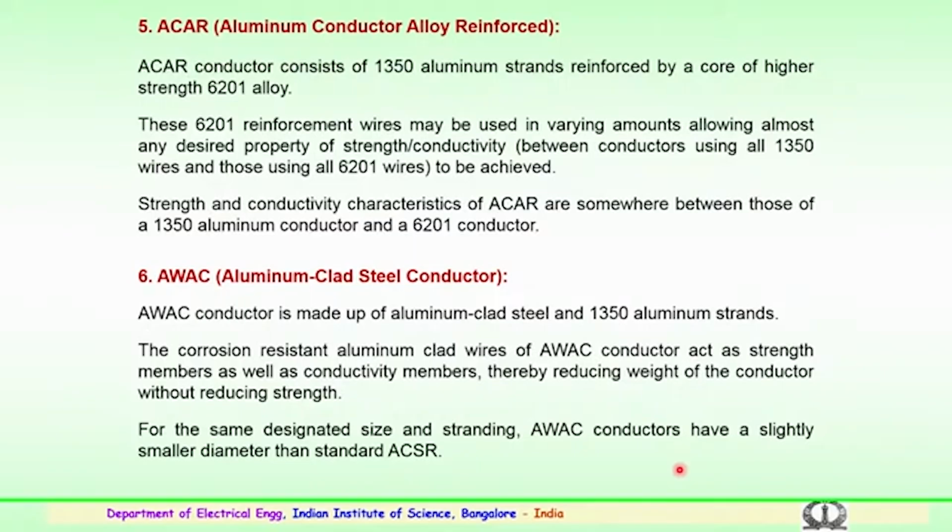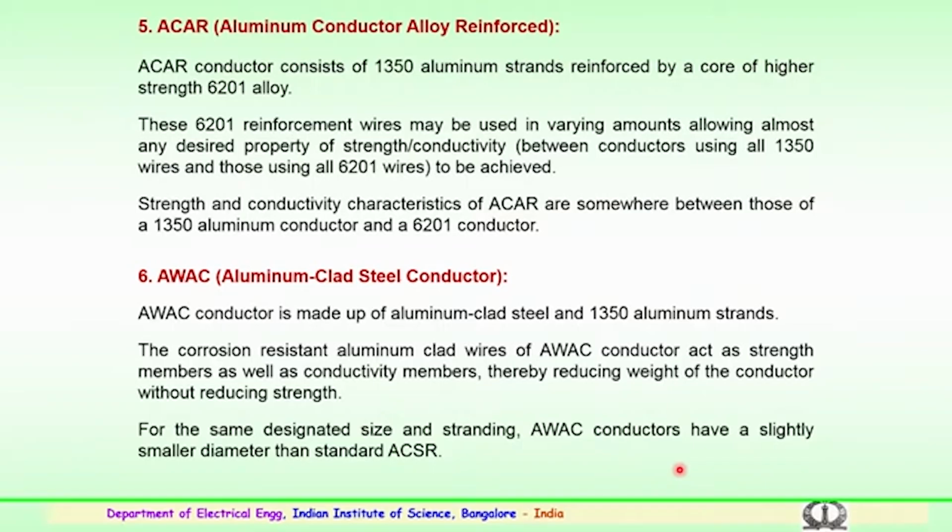The fifth is the ACAR, aluminum conductor alloy reinforced. This consists of again the 1350 aluminum strands reinforced by a core of higher strength 6201 alloy. So, these 6201 reinforcement wires may be used in varying amounts, allowing almost any desired property of strength or conductivity between conductors using all 1350 conducting wires and those using 6201 wires to be achieved.